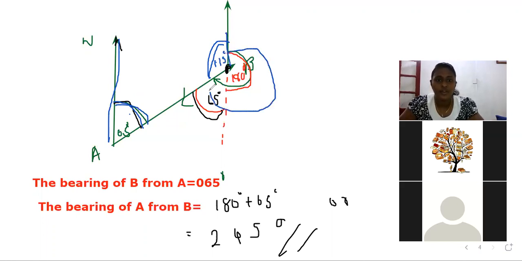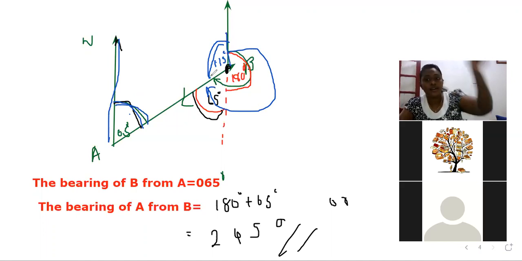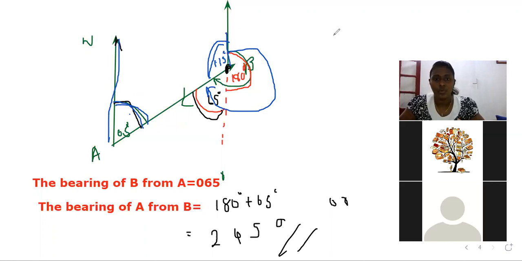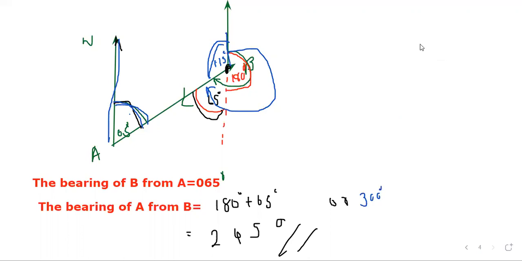Then this one, how to find? Straight away subtract from 360, because the sum of the angles around a point is 360. So from 360 you can subtract 115, then straight away you get 245 degrees. Clear, you children?